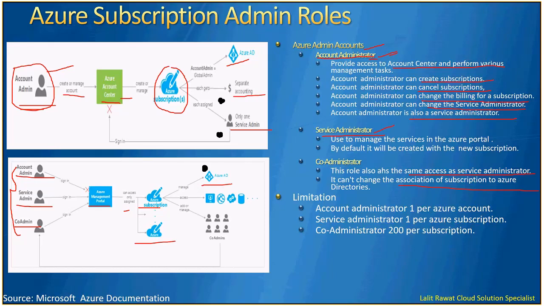Then you can connect to Azure AD, and it will provide you access to your web applications and all. And again, if you want to add and manage your co-administrators, you can add up to 200 co-administrators, and then it connects to your services, which you can just go ahead and sign up for.